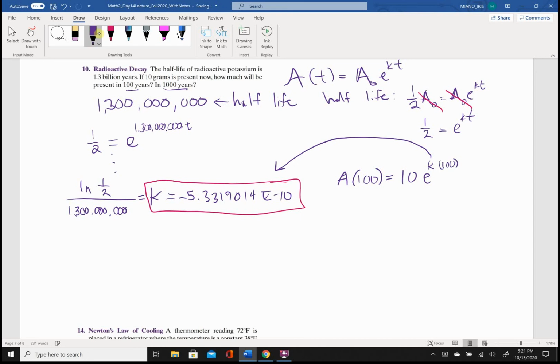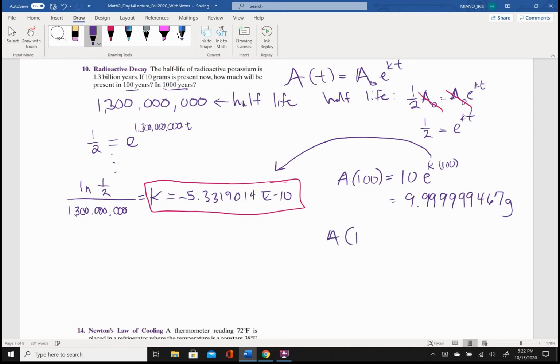So very carefully type this into your calculator, and you should get, oh, it's so silly, 9.99999467 grams. So barely a tiny little blip of a gram is removed from the radioactive potassium after 100 years.